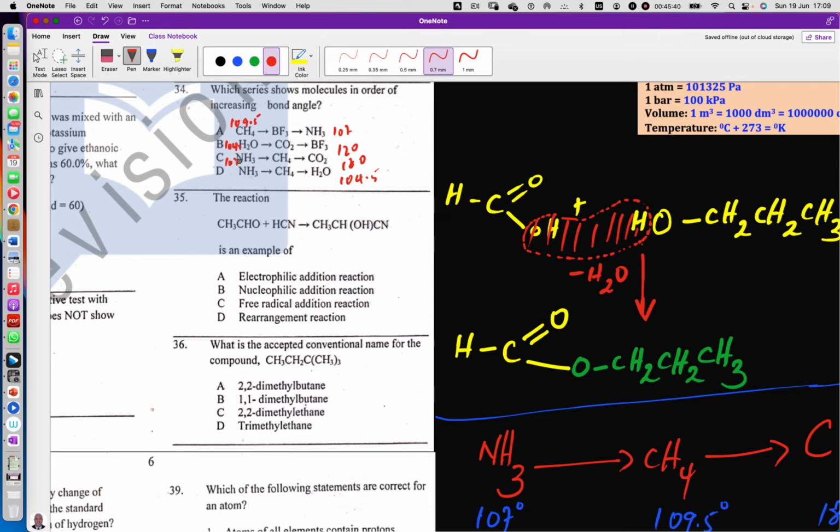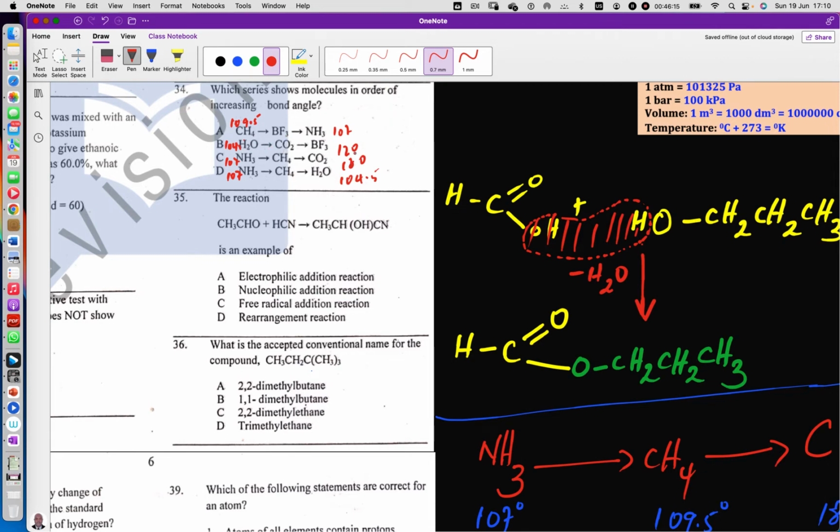Our question says, which series shows molecules in order of increasing bond angle? A is already out because it starts from 109 and ends at 107. B goes from 104 to carbon dioxide at 180, so it goes right up, then falls again. It doesn't work.